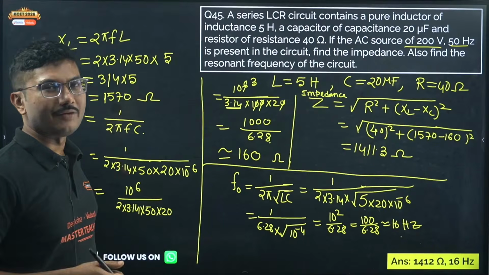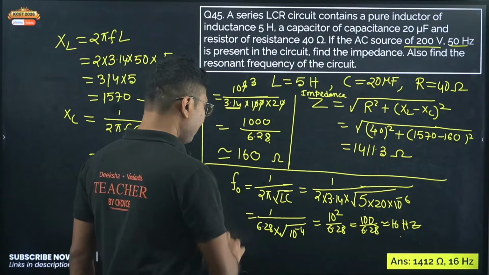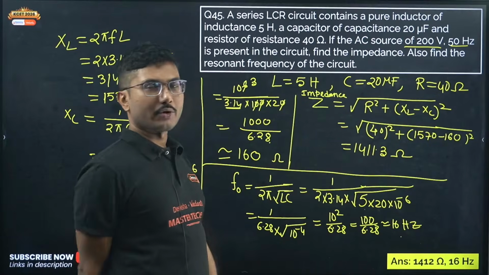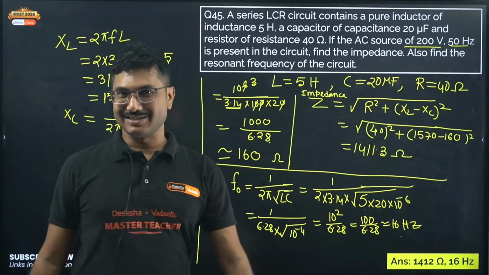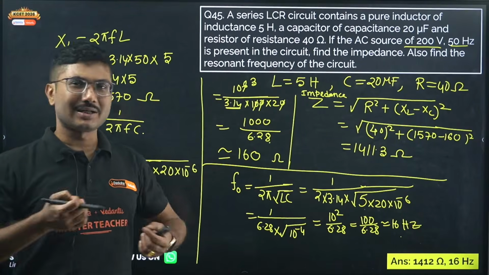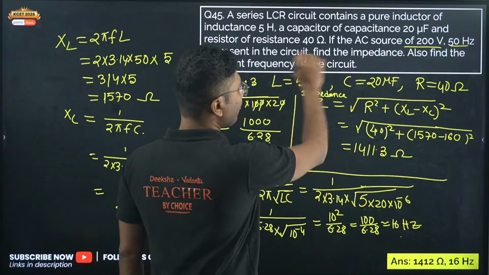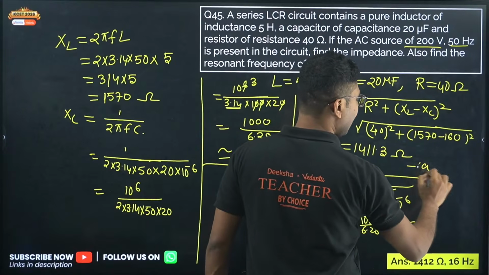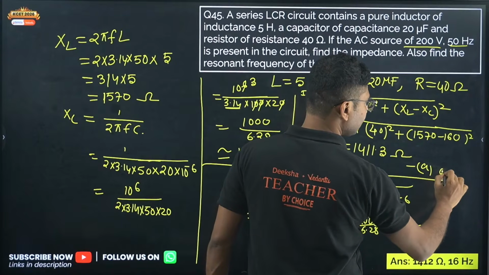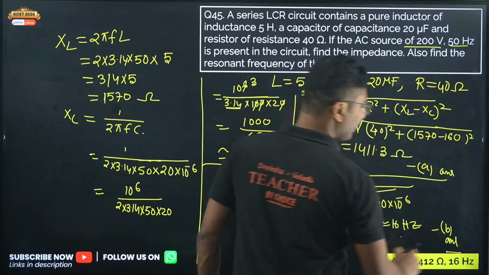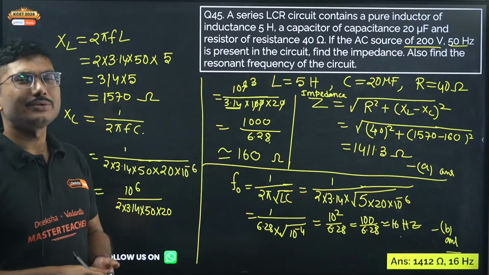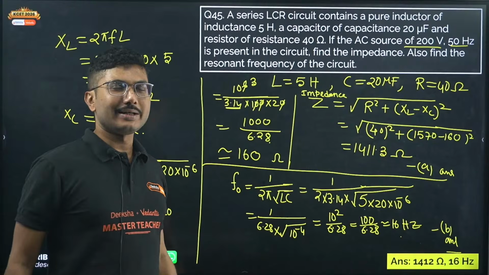At the end, if you get time, write that the impedance of the circuit is 1411 ohm and the resonance frequency is 16 hertz. Okay, if you write that, that will be sufficient. Otherwise, if you don't get time, suppose this is part A answer, this is part B answer, that will also do. But if you get time, show some politeness to the teacher.